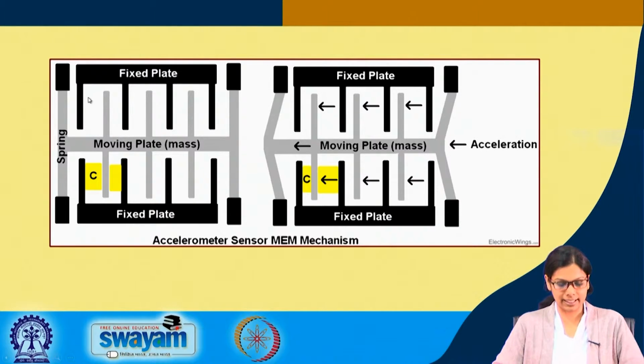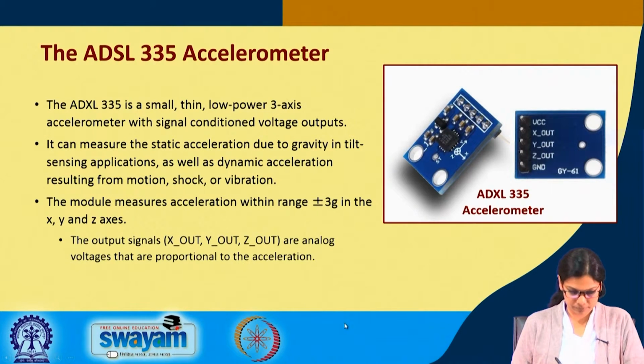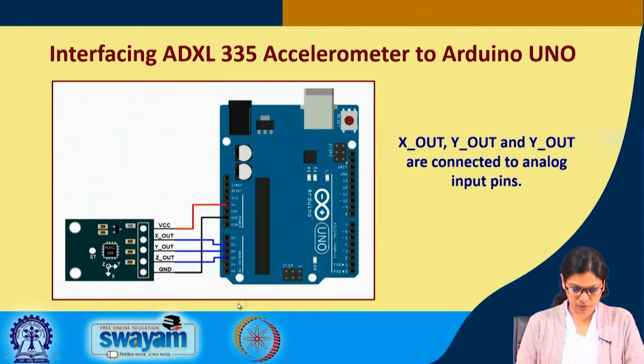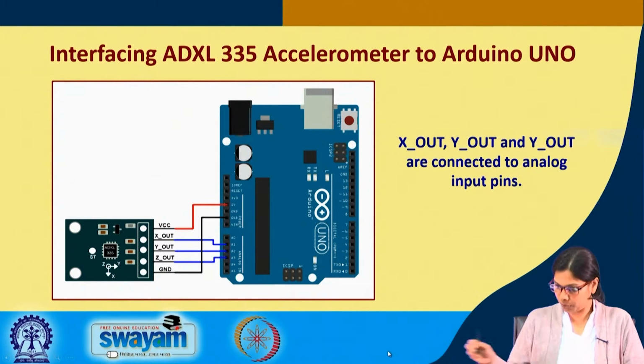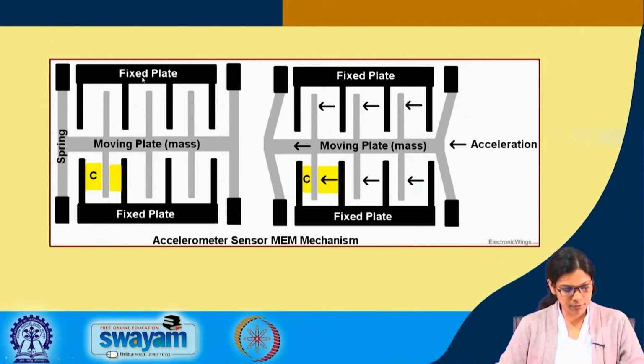Now, this is like this. Here we have this fixed plate, and here we have the moving mass.